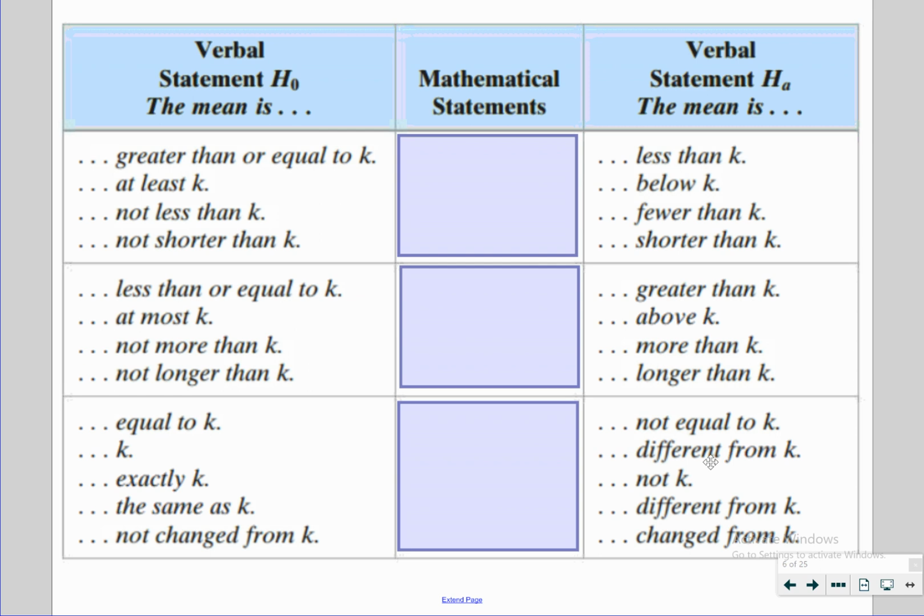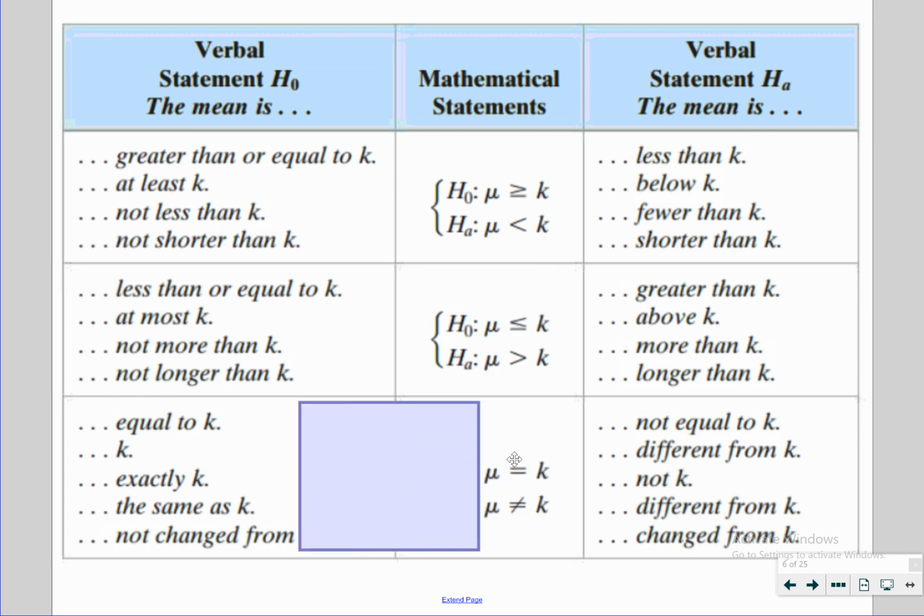So these are all the different ways that you could see on the left a null hypothesis written, so statements that contain equality, and then on the right side an alternative hypothesis written. In the middle are, if you see those phrases, what the null and the alternative in mathematical statements would look like. So that's what you need to fill in. So these are the three cases we just talked about, but then you can attach the phrases that go along with them. And this is what we're really going to be looking for in our problems.